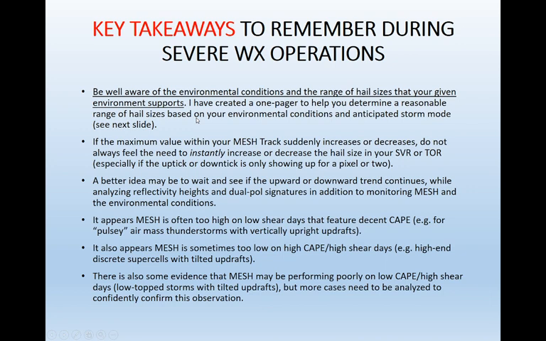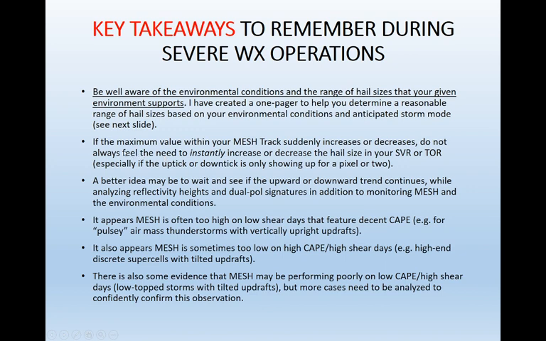So if you see mesh go haywire, maybe way too high, or maybe you think it's too low, you can mentally adjust for that based off your environmental conditions and what you'd expect based on that environment. And I have created a nice little one-pager to help you determine what a reasonable range of hail sizes could be based on your environment. And that's on the next slide for your reference.